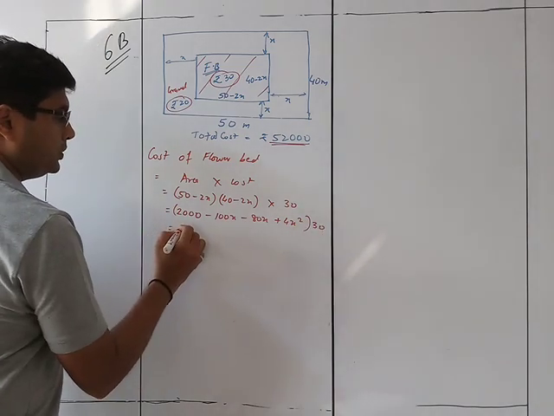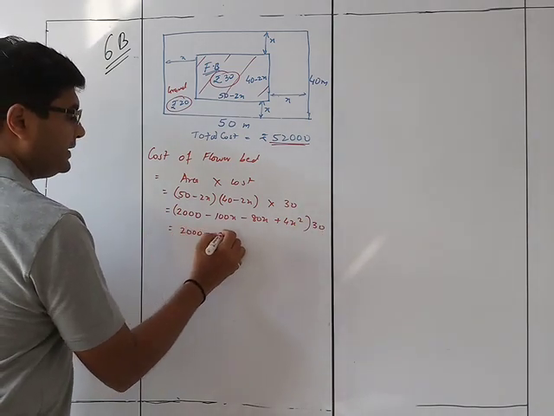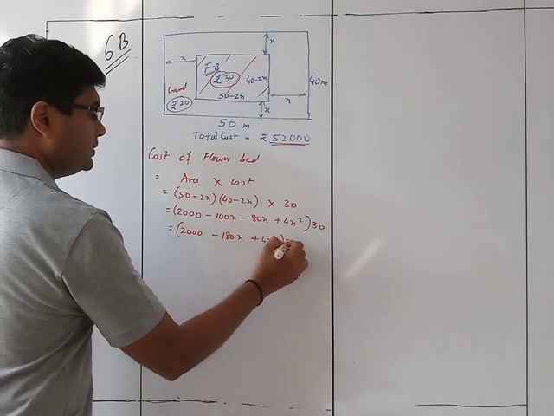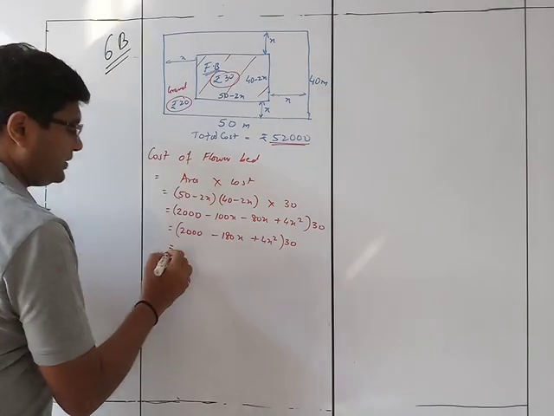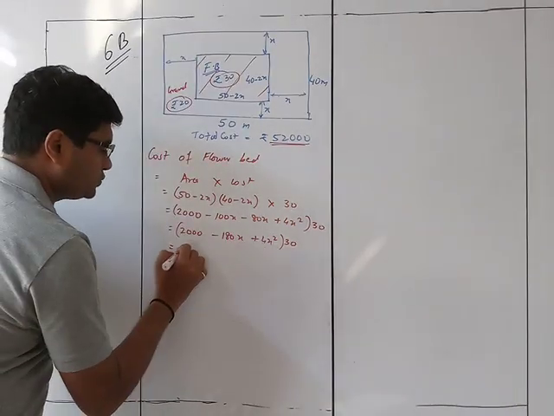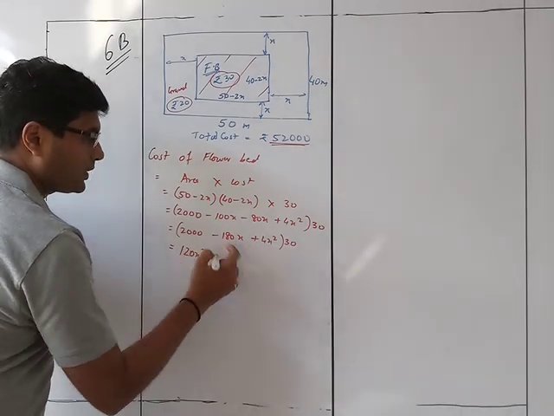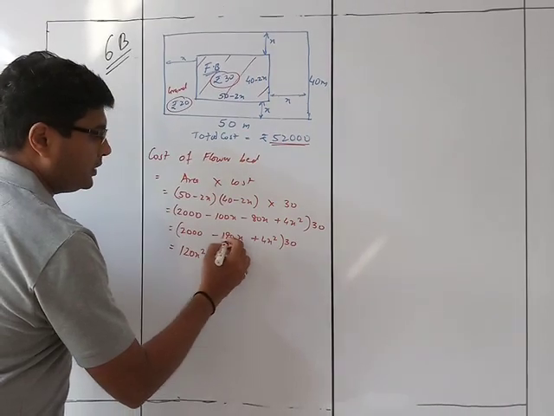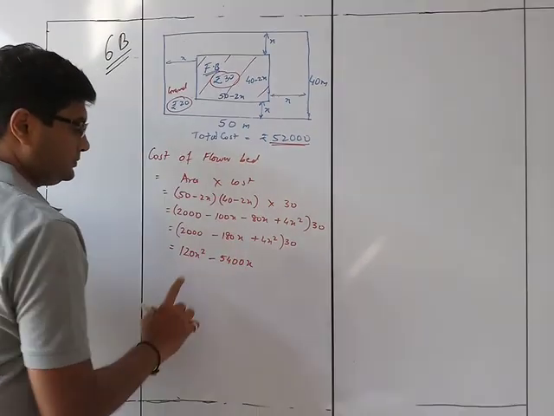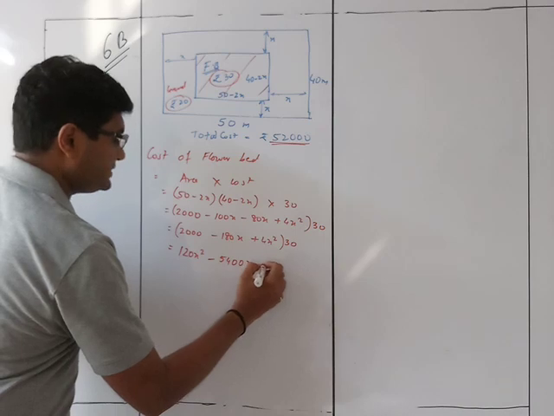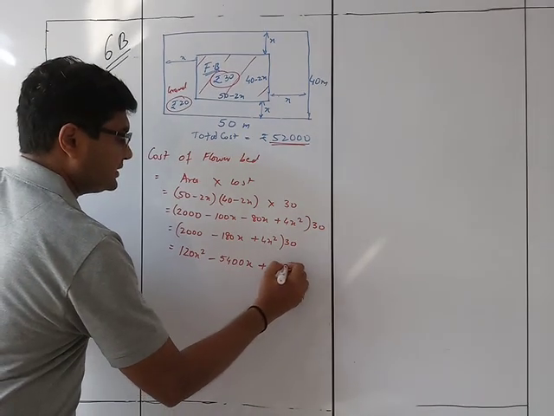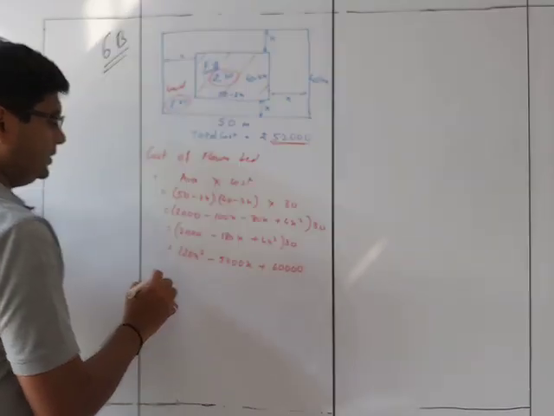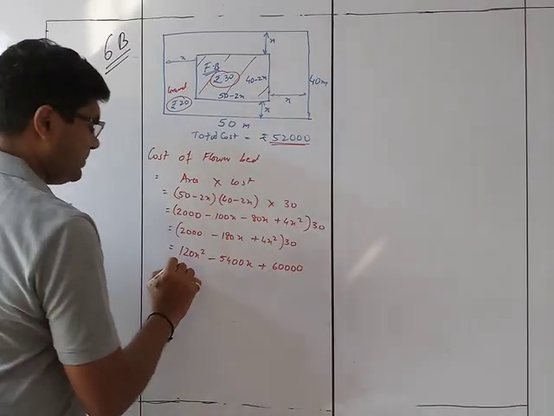That gives me 2000 minus 180x plus 4x square into 30. That gives me an equation as, I'll put it the other way around. So it is 120x square minus 5400x plus 60,000. This is perfect. So this is the cost of the flower bed.